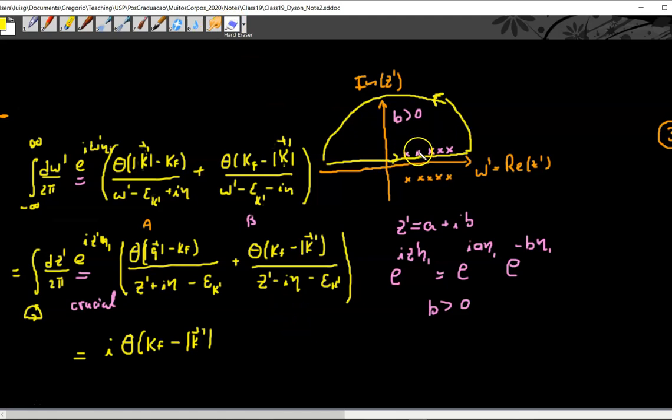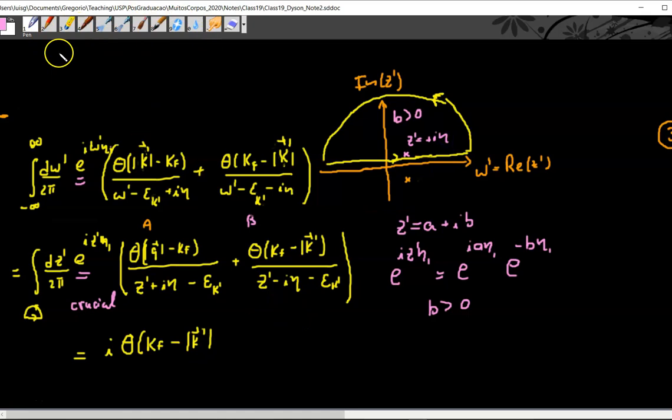There's just one, right? Yeah, thinking of Matsubara frequencies, but there's only one pole here. Yeah, there's this pole, which is z prime equals plus I eta, and that's the only one.